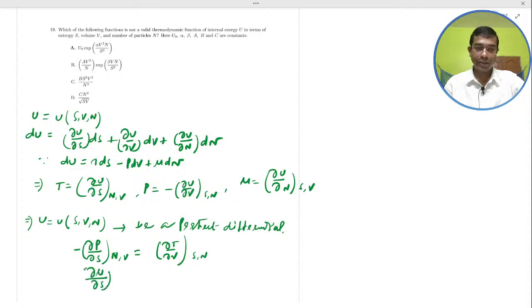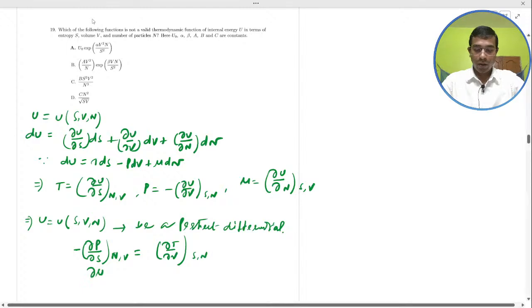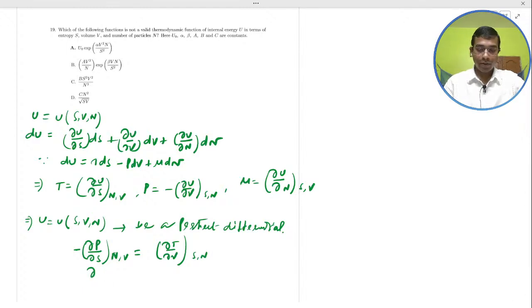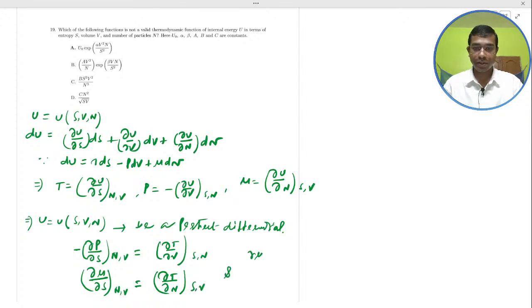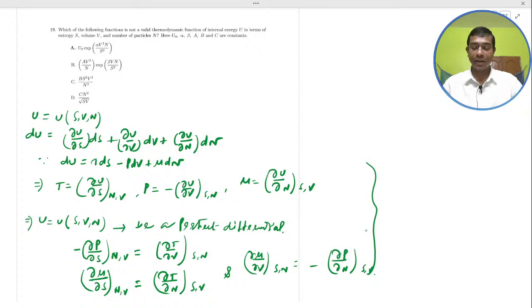Del mu del S at constant S and V is equivalent to del T del N at constant S and V, and the last one is del mu del V at constant S and N would become minus of del P del N at constant S and V. This is the general treatment.